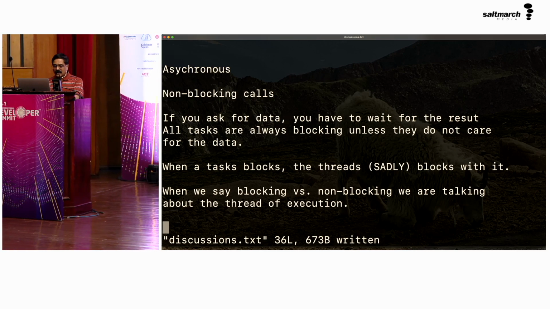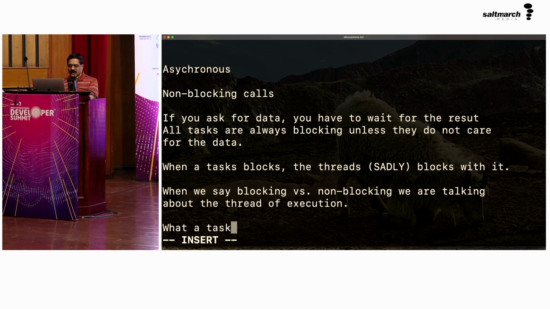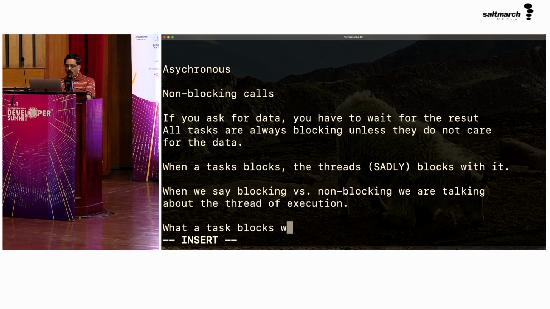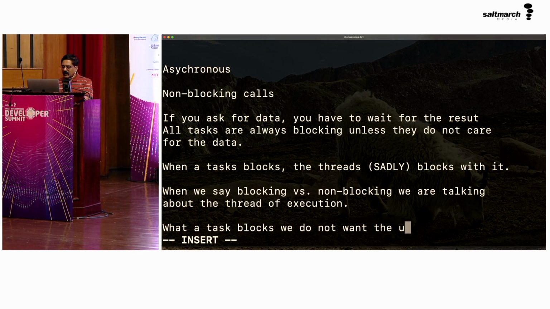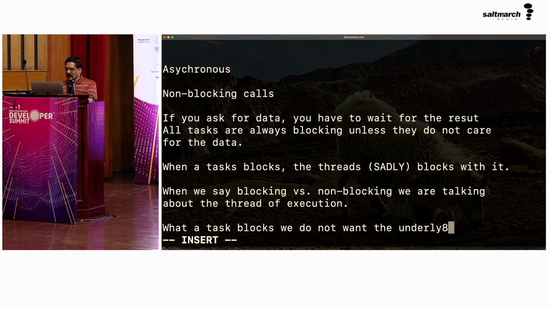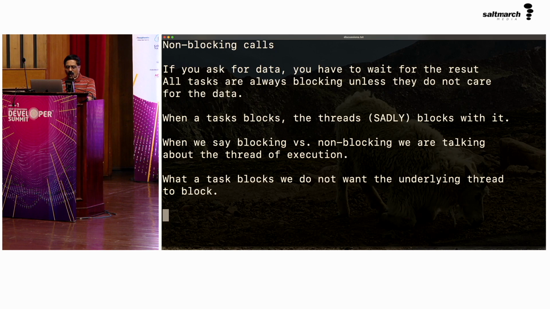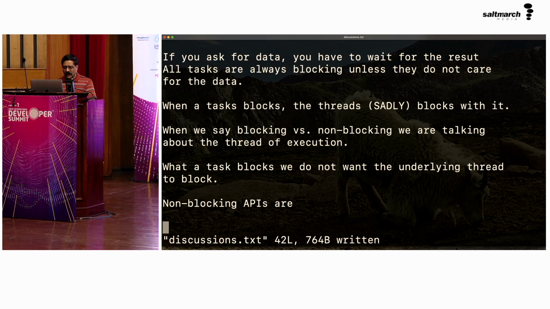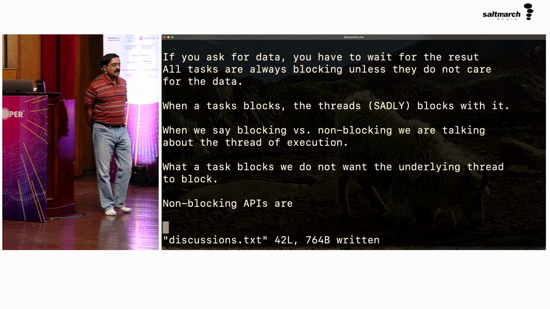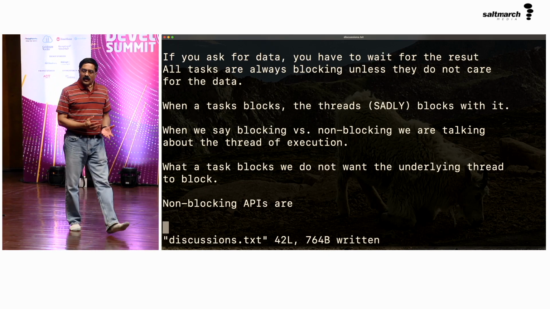So the idea behind this is when a task blocks, we do not want the underlying thread to block. So now we know what non-blocking APIs are. Non-blocking is about the thread of execution.